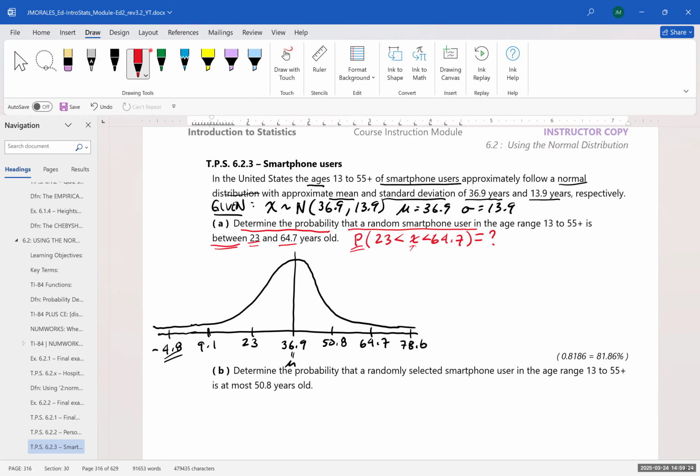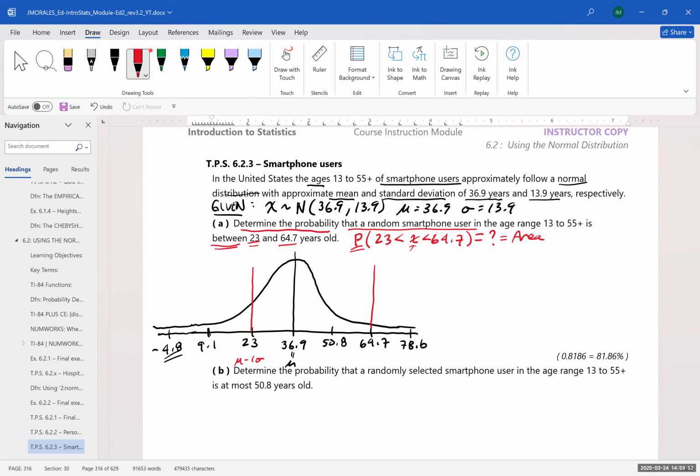So we're trying to find probability, which means we're trying to calculate area. And so we want the area between 23 and 64.7. Well, wouldn't you know? 23 is exactly one standard deviation to the left.